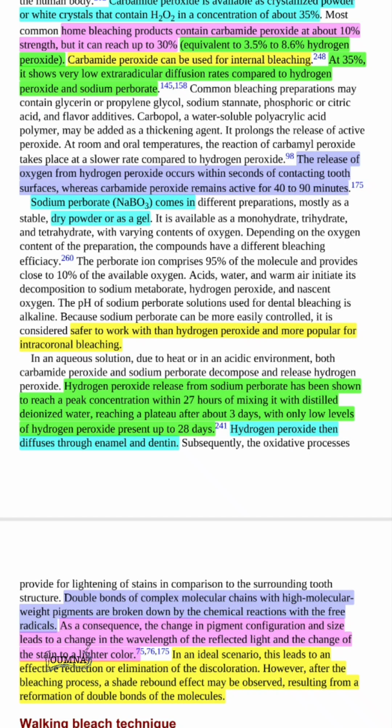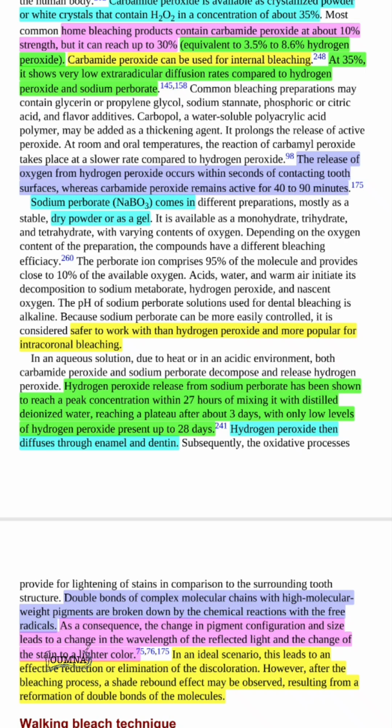It is also slower in its reaction in comparison to hydrogen peroxide, so it requires a more prolonged time of application that can be several hours to get the appropriate result.